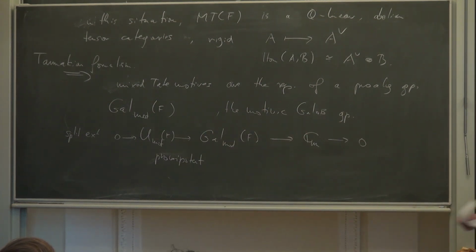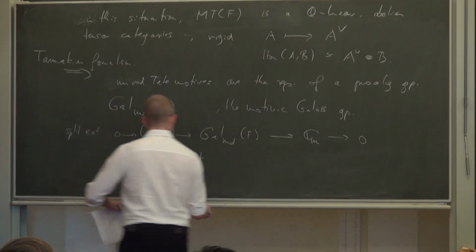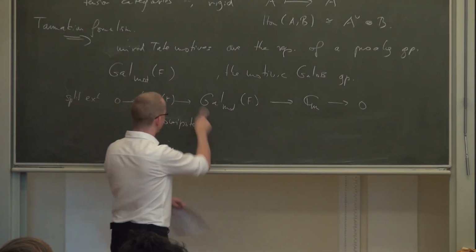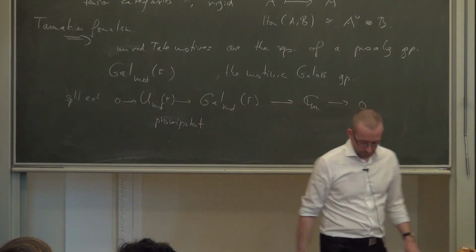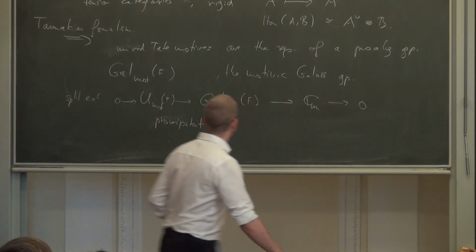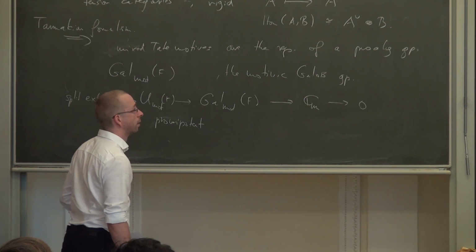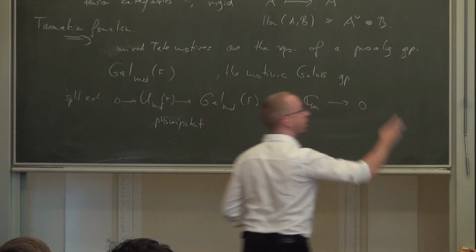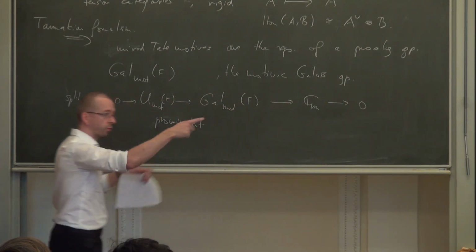So this is one of the things. The point is, the next step is, because this is a pro-unipotent group, you also get statements that you can make about maps between mixed Tate motives.